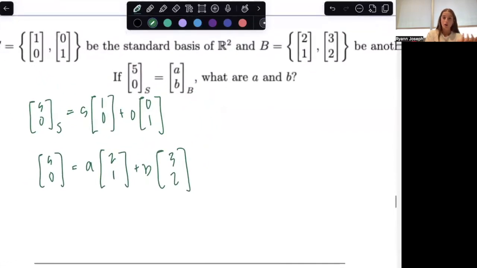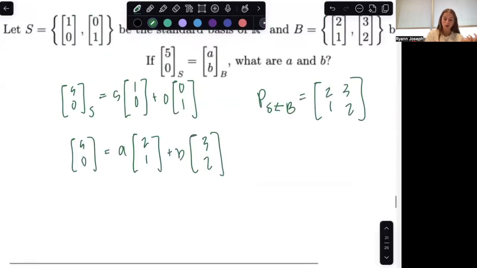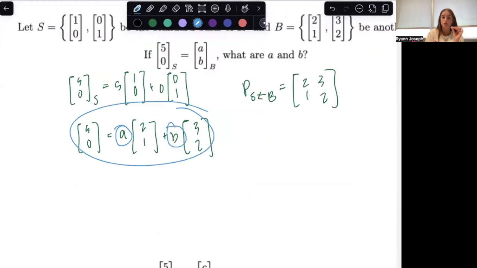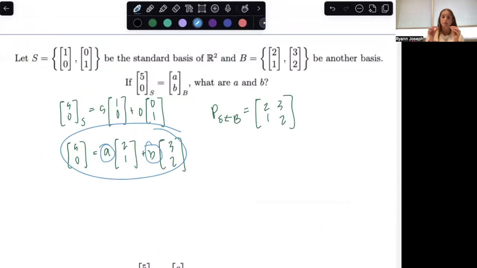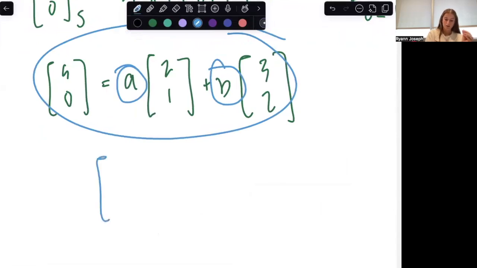We also already have, based on what we're talking about, the change of basis matrix that goes from B to S just by going like this. Cool. So to solve for the coefficients that I use to linearly combine my basis B to get 5, 0, I would end up doing this system, right?